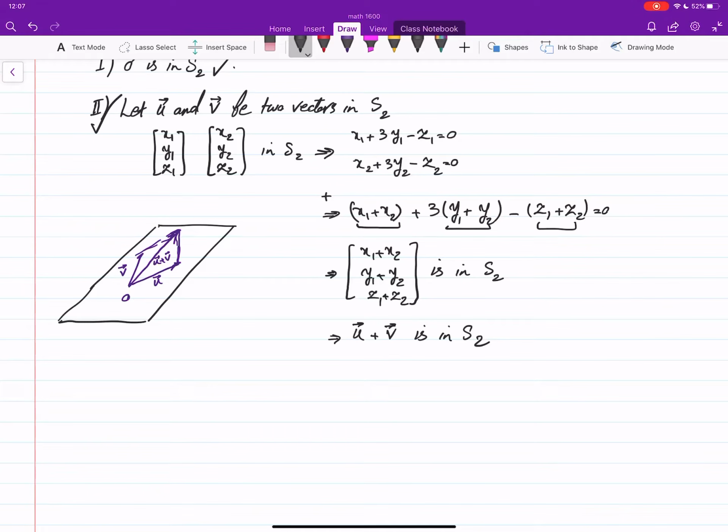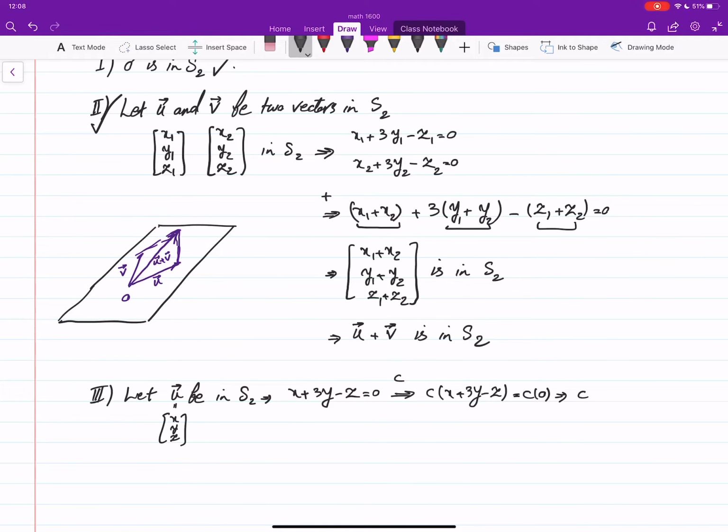And a similar computation: let u be in S2. That means that if we take the components of this as x, y, z, we now know that x plus 3y minus z is equal to 0. Multiply both sides by any scalar c. Cx plus 3Cy minus Cz equals c times 0.